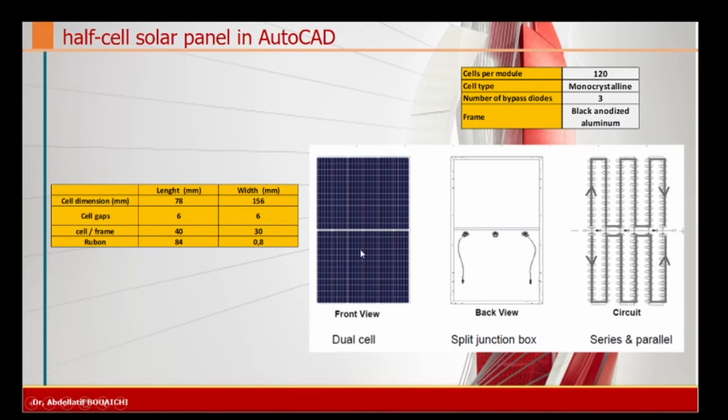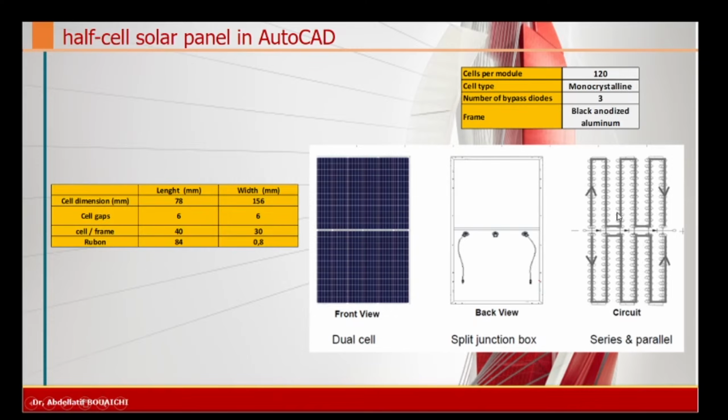This is a front view of the solar panel. This is the back view of the solar panel, and this is the electrical circuit. The electrical circuit of the half-cell solar panel is composed of 60 cells connected in series with other 60 cells connected also in series.